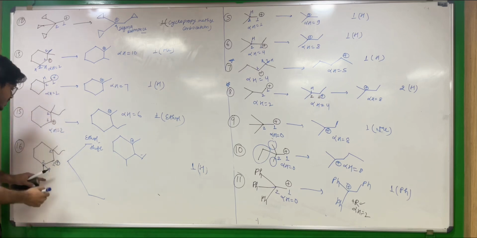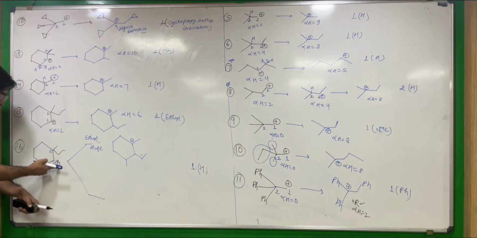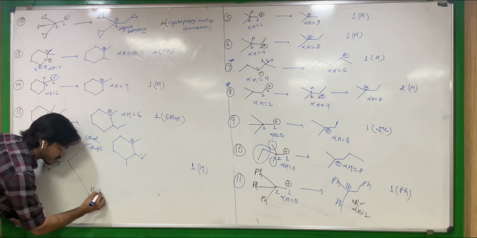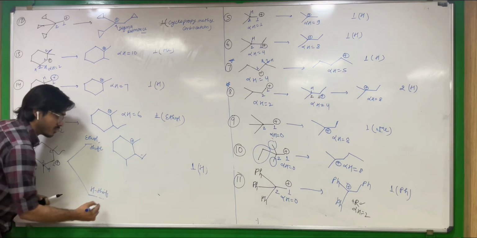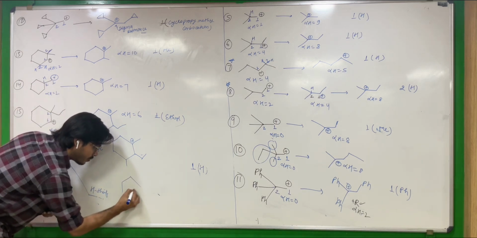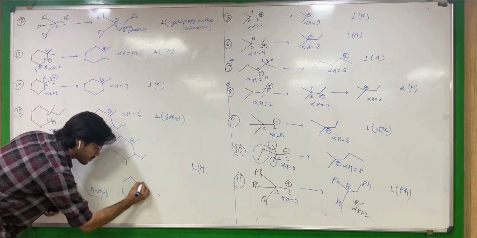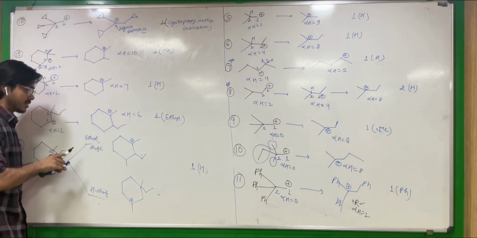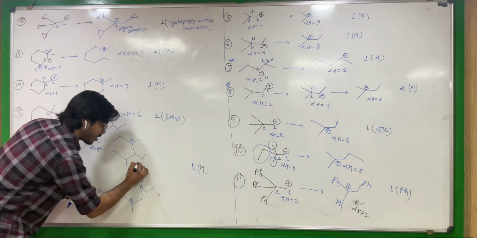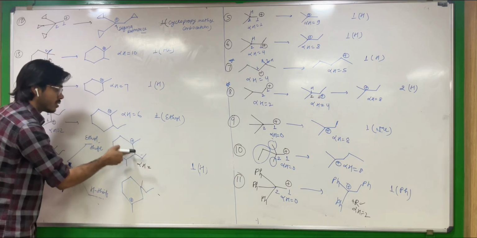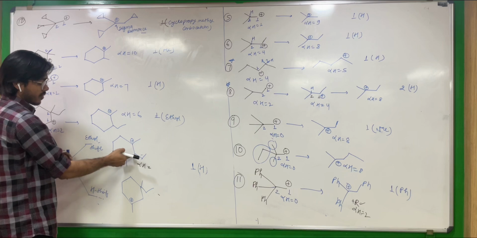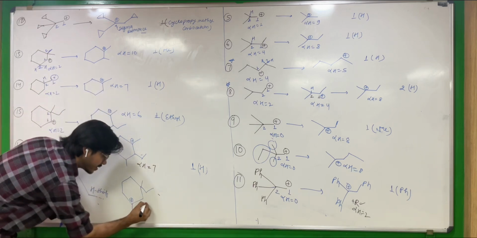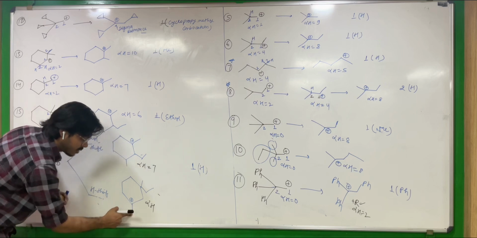Now one more case is there. If you rearrange the carbocation with this carbon, in this case a hydrogen shift will take place. Hydrogen will shift and the product formed will be this. Now in this case, if you see, alpha hydrogen is 3, 3, 6, and 7.